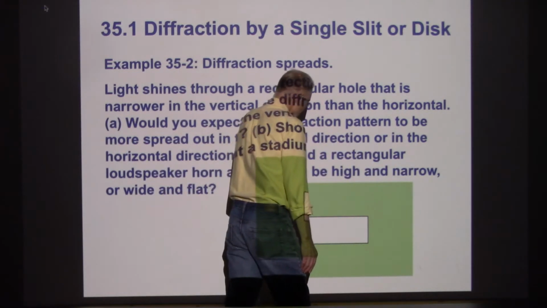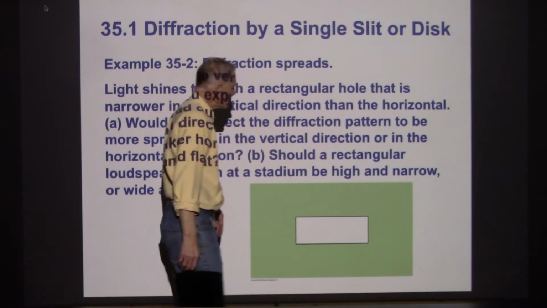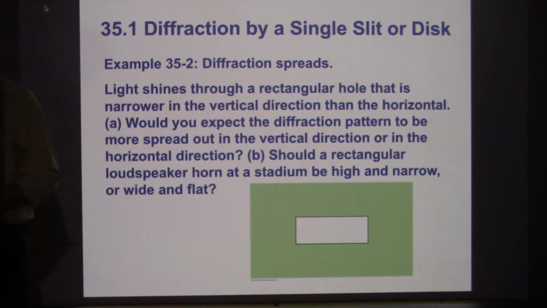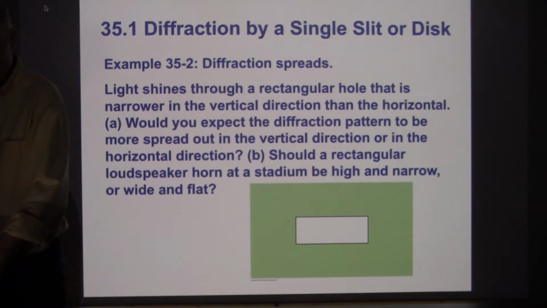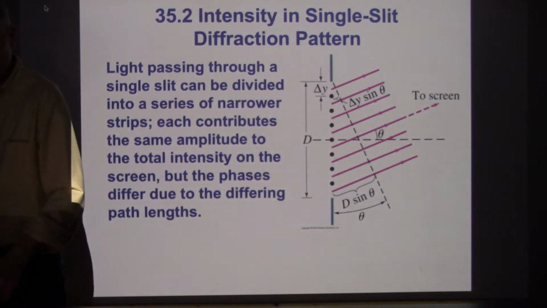So this, I would say, is not the way you would want to get the sound out to all the fans if it's a diffraction effect that's taking place. It has to do with, I'm trying to think of what the wavelengths of the sound would be. Man, that's an interesting question. Pay attention at the stadium next time we are there, and we'll think about how that's going to work.